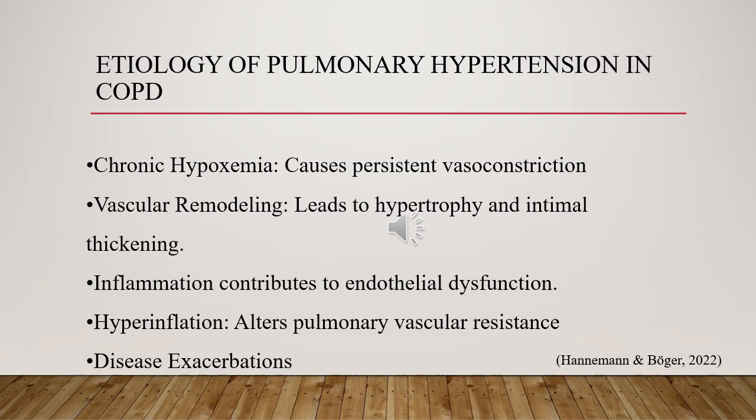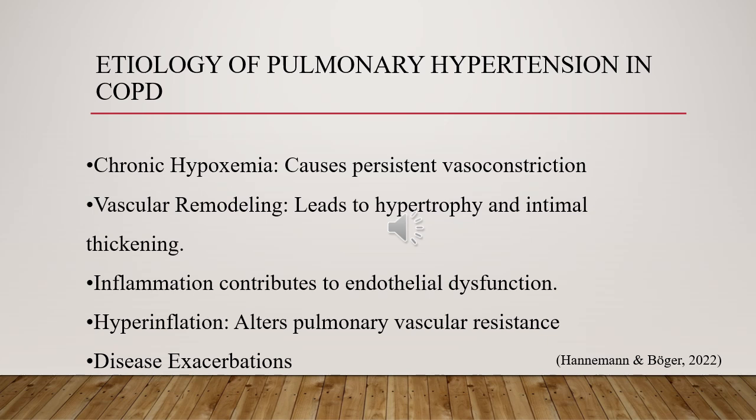Over time, this response becomes maladaptive, resulting in chronic vasoconstriction and vascular remodeling. This remodeling involves smooth muscle hypertrophy, thickening of the intimal layer, and increased extracellular matrix deposition, all of them contributing to increased pulmonary vascular resistance.